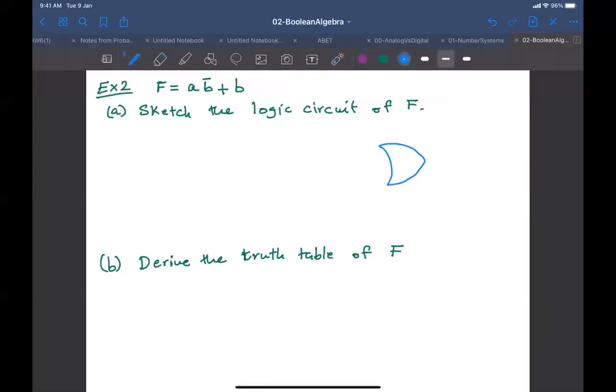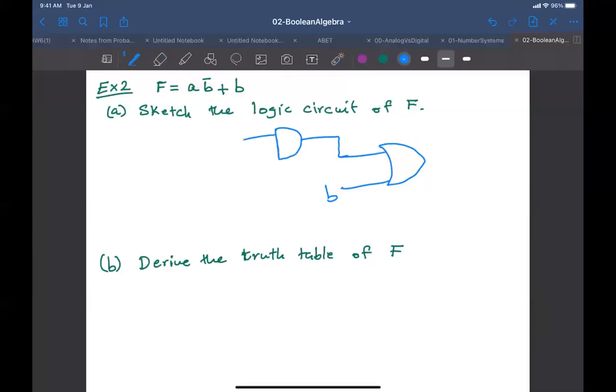An OR at the end which takes B from one side, and from another side it takes A ANDed with B complement. So this is coming from the output of an AND gate. What does the AND gate take?